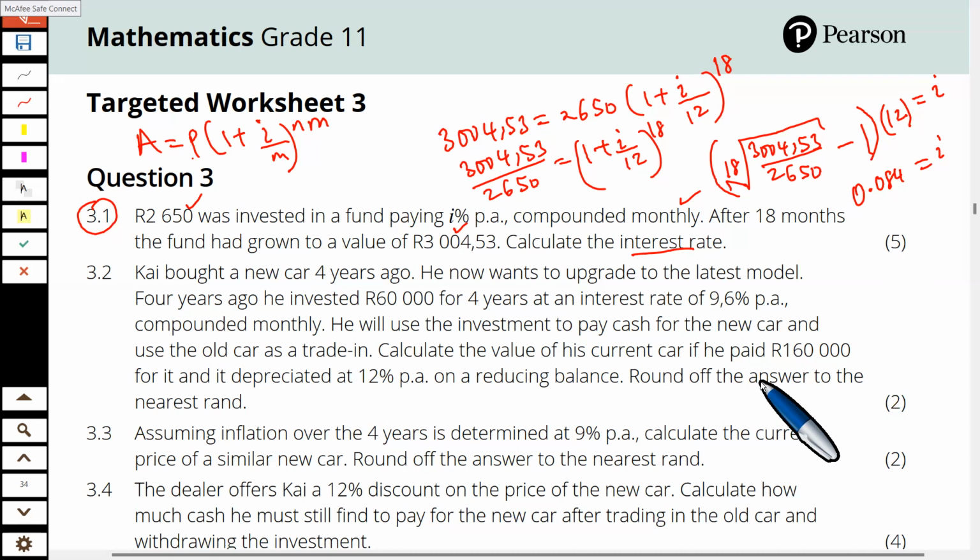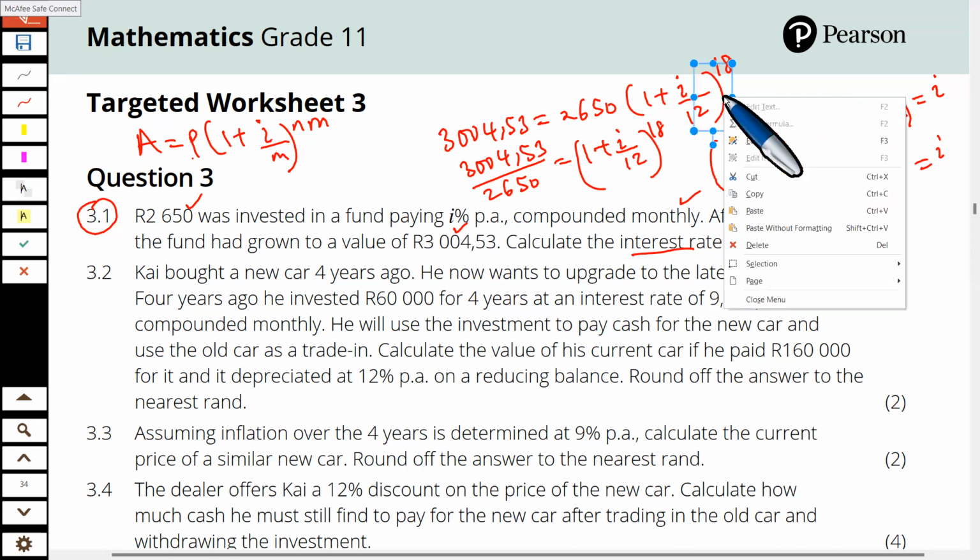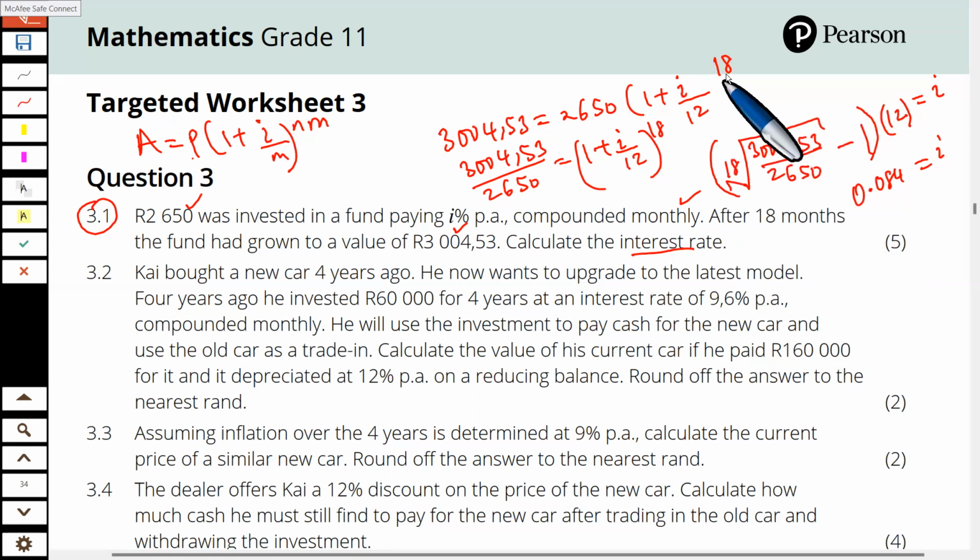Okay, you can multiply by 100 as well. You can choose to multiply by 100 always. I know I did not multiply by 100 here, but it's the same thing.